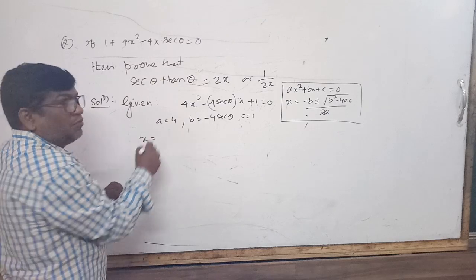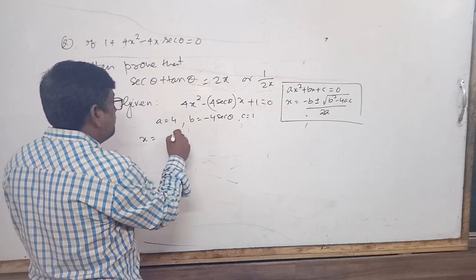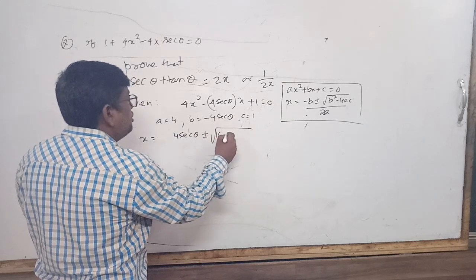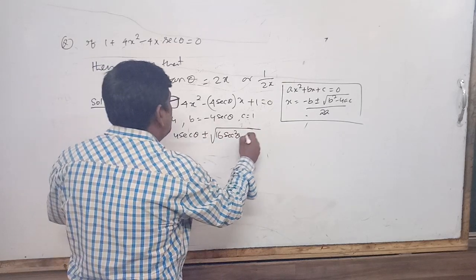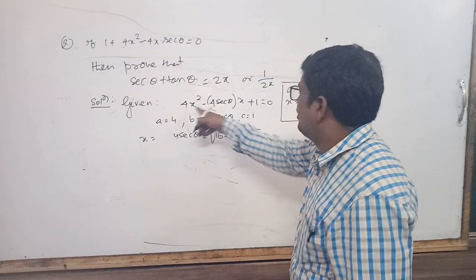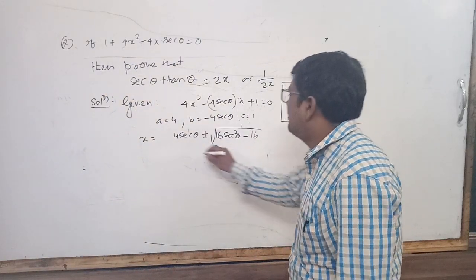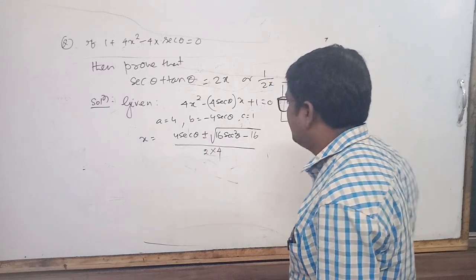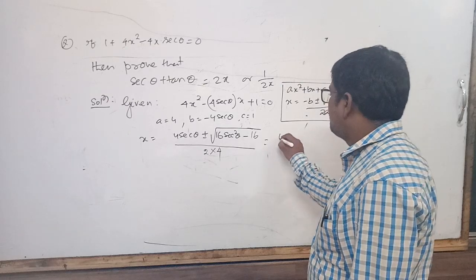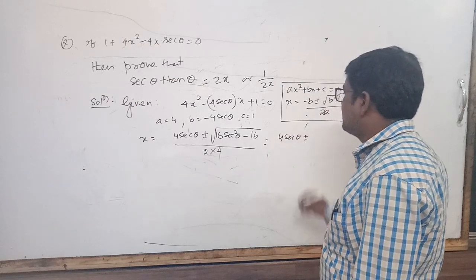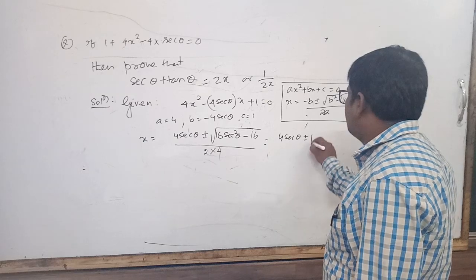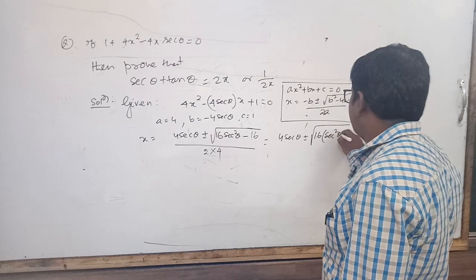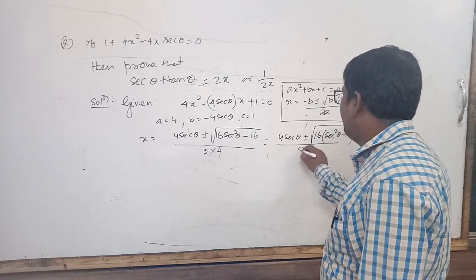Now x is equal to minus b, which means 4 sec theta, plus or minus root of b square, which means 16 sec square theta, minus 4ac, 4 into 4 that is 16, by 2 into 4. This is equal to 4 sec theta plus or minus root over 16, taking 16 common, sec square theta minus 1, divided by 8.